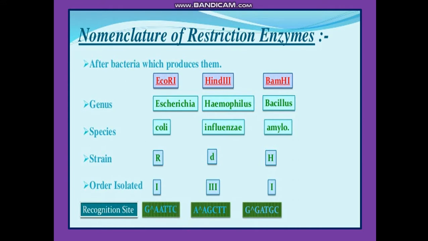I will suggest remembering all these three, but if you cannot, at least remember any two, of which one should be EcoRI. EcoRI is a very important restriction enzyme. EcoRI's recognition site is GAATTC, and it will produce a nick between the first G and the first A. So this is the nomenclature. I think it's clear to everyone. If there is any problem, watch the video again and you will understand.